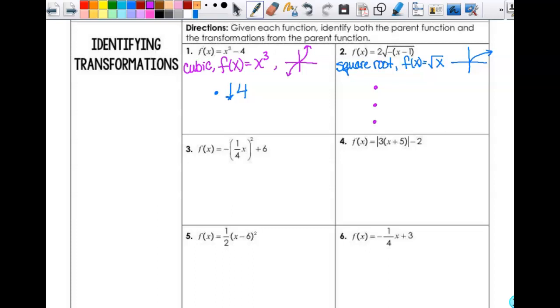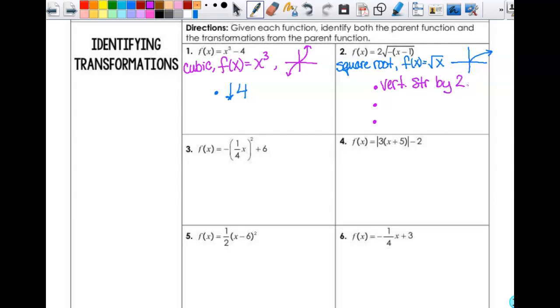It's outside of the operation, so does it affect x or y? Y, which means it's vertical. Would that be a stretch or a compression? Stretch. Stretch makes sense because you're doubling it, right? Y is the one that makes sense. X is the liar. So this 2 means I have a vertical stretch by 2.